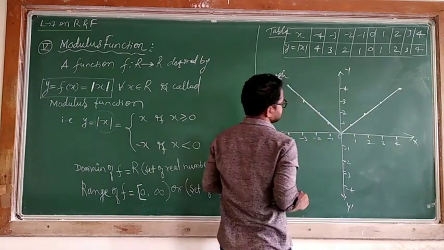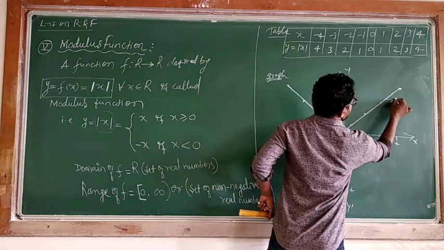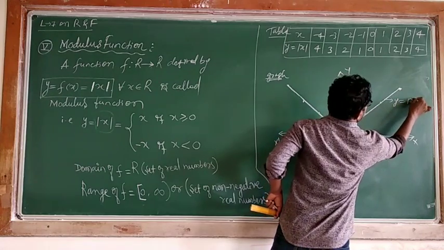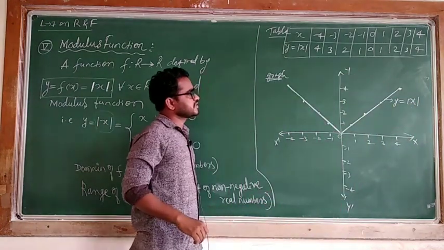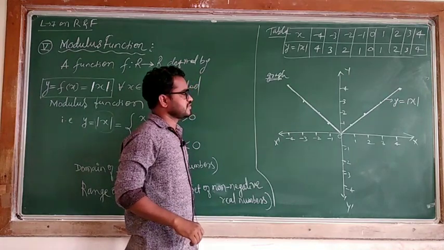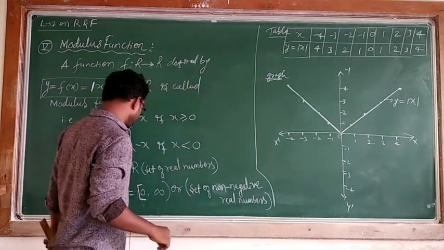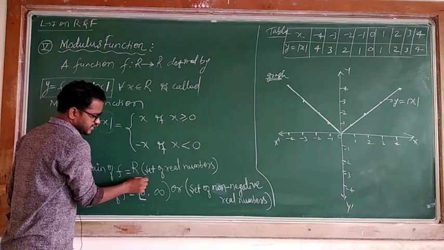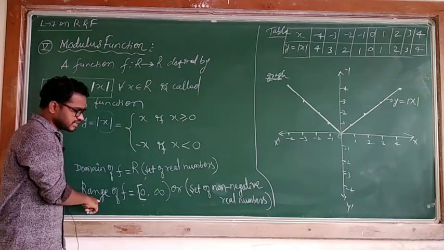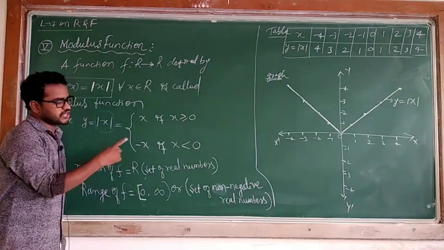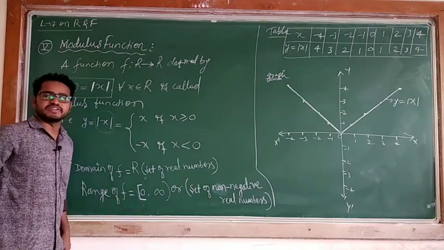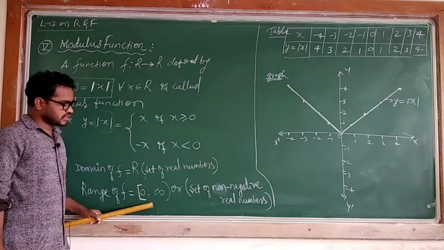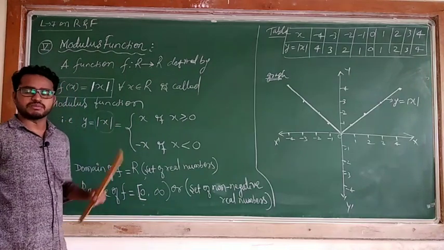Y is equal to modulus of x. This is the graph of the modulus function. Keep in mind, what is the domain? Domain is the set of real numbers. Range is the set of non-negative real numbers, or you can say 0 to infinity. 0 is also included, up to infinity, so you can take any number.